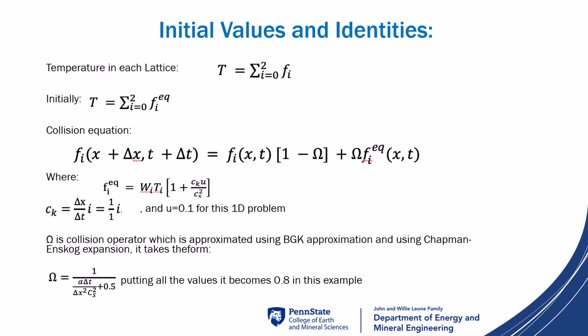At time equal to 0, all nodes have temperature equal to 0, so Fi equals 0 everywhere except the inlet, where F1 equals 1. The relaxation parameter omega is derived via the Chapman-Enskog expansion to link lattice collisions to macroscopic diffusivity.